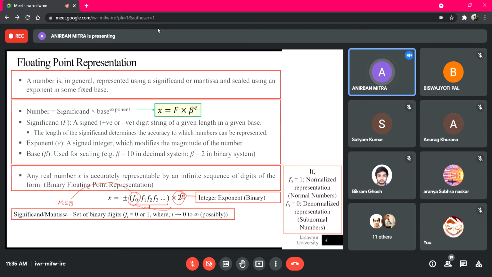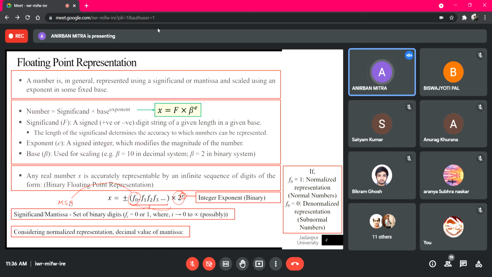In this class, we will only be looking at normalized representations and normal numbers. So we will consider F0 as one exclusively. We will not consider the case of F0 equal to 0 for this class.